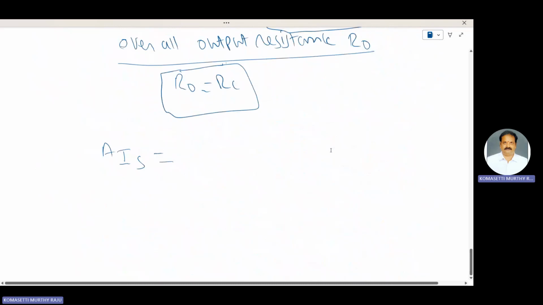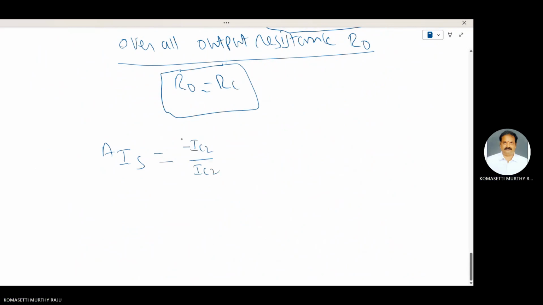Overall current gain of that cascode amplifier is minus IC2 by IC2 into HFE IB2 by minus of 1 plus HFE IB2.